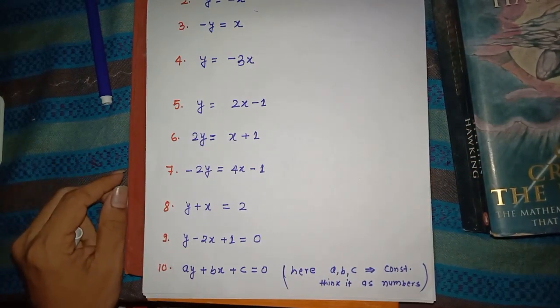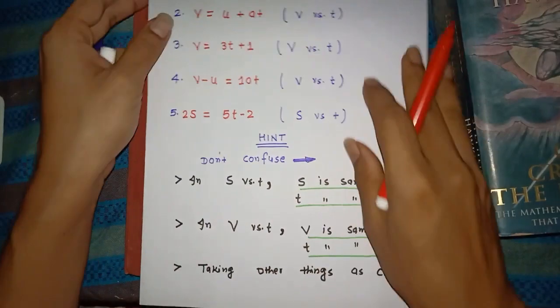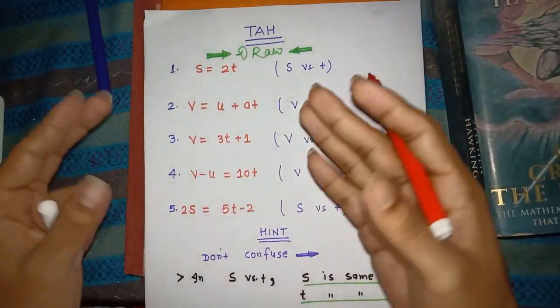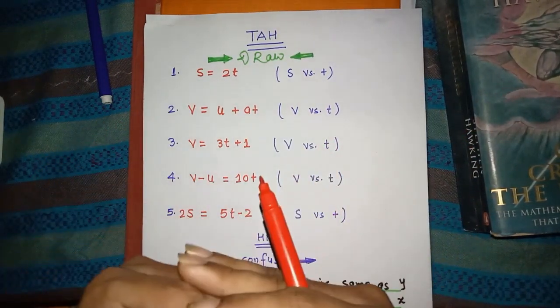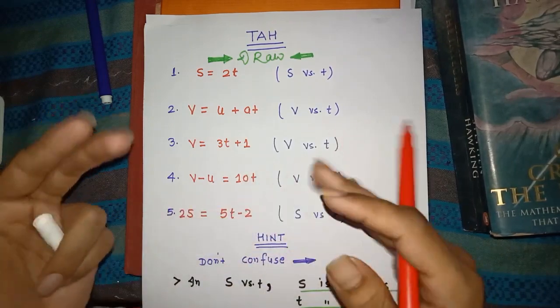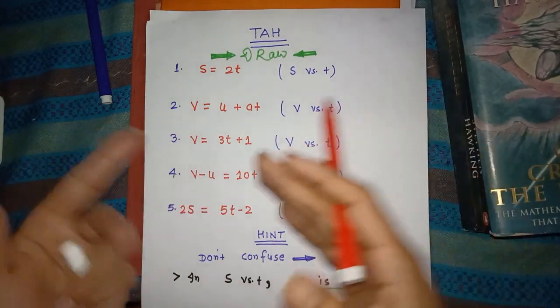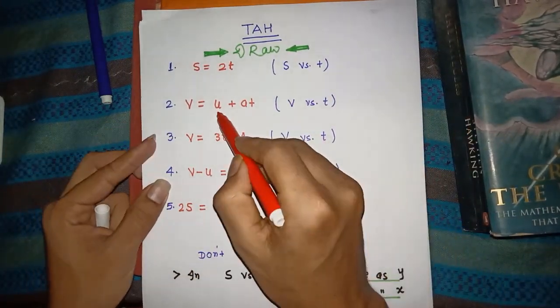So here is a problem. Now I am turning to another problem so that you can become familiar with kinematics using graphs. I am giving you some problems so that you will be familiar with graphs as well as how to use graphs in motion. I am taking s is equal to 2t, v is equal to u plus at.